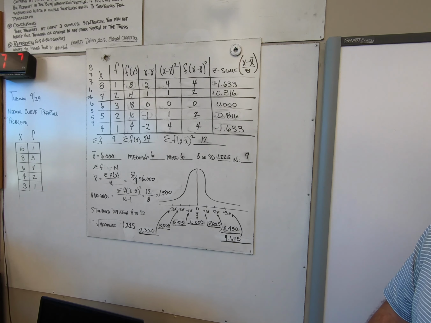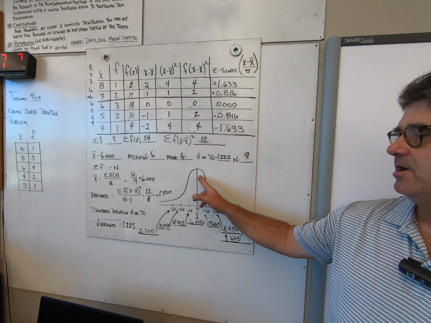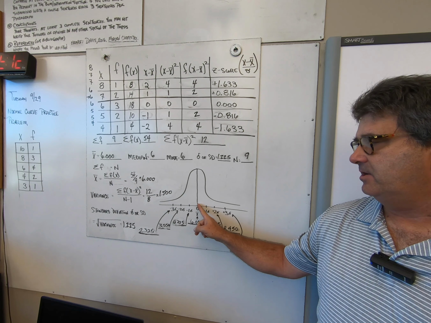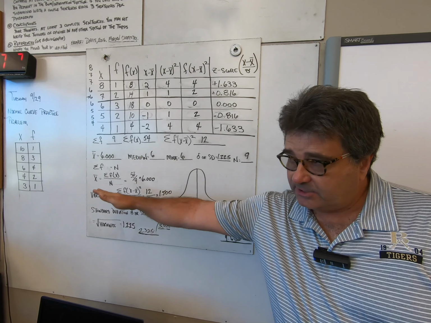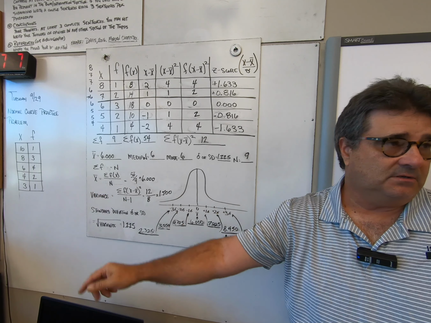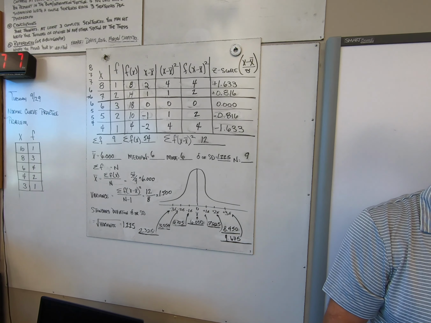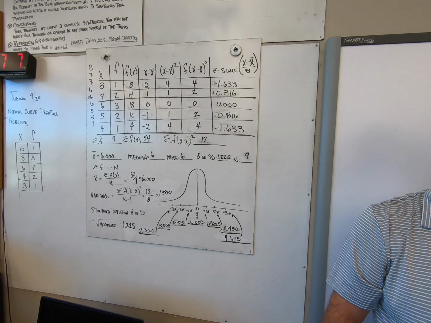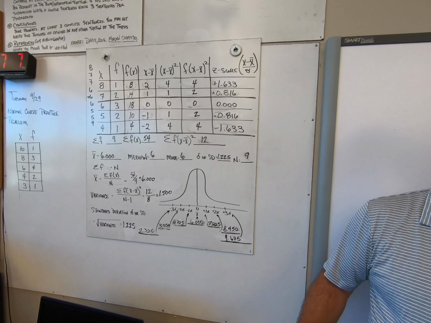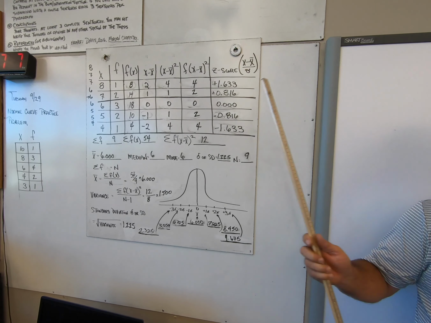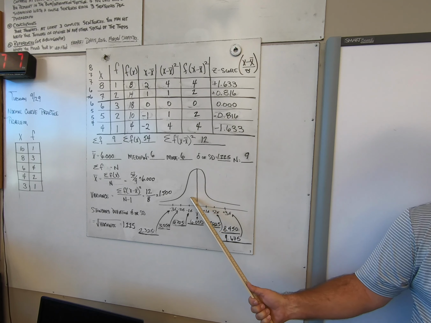Here's the first question. What percent of that graph is below this line right here? The middle or the mean? How much of it is on that side of it? Yes, sir. All of it? See your line right here?